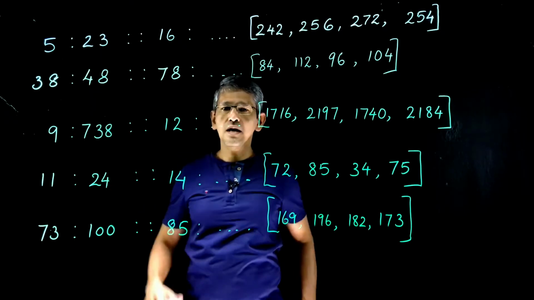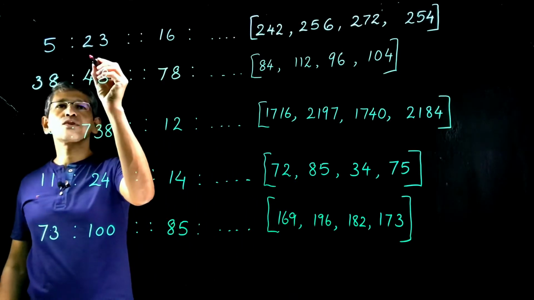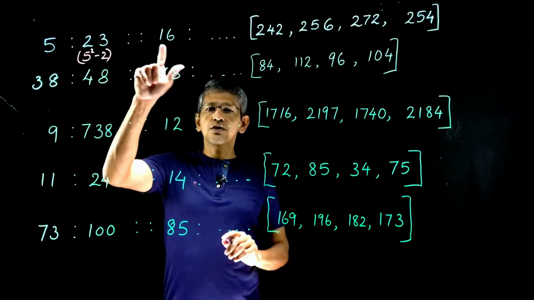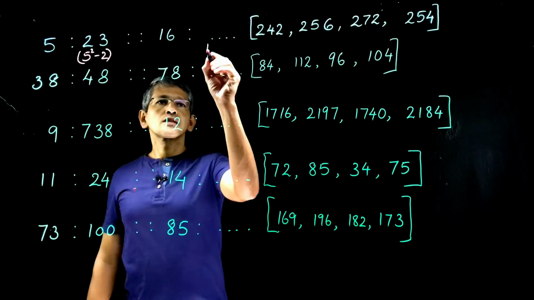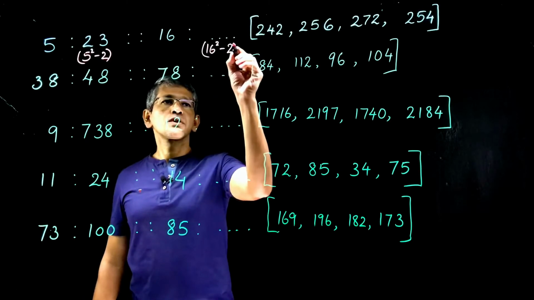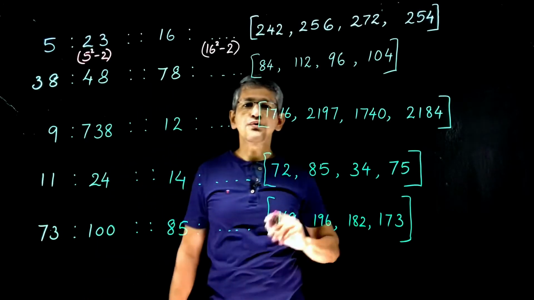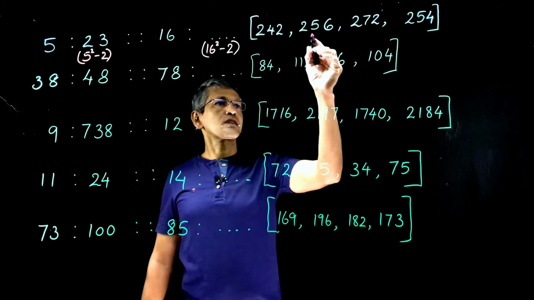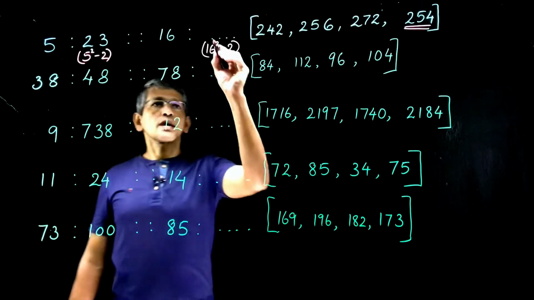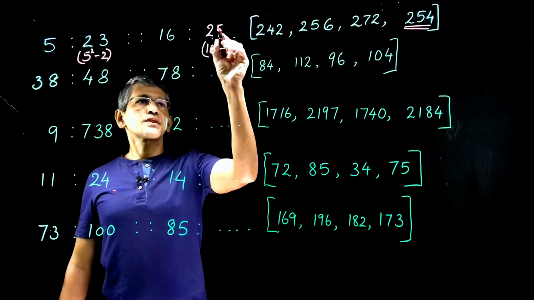So what is given here? 23 is 5 square minus 2. So 5 and 5 square minus 2. In the same way here, 16, and the answer must be 16 square minus 2. 16 square is 256, so 256 minus 2, 254 would be the answer. So the answer we have is 254.